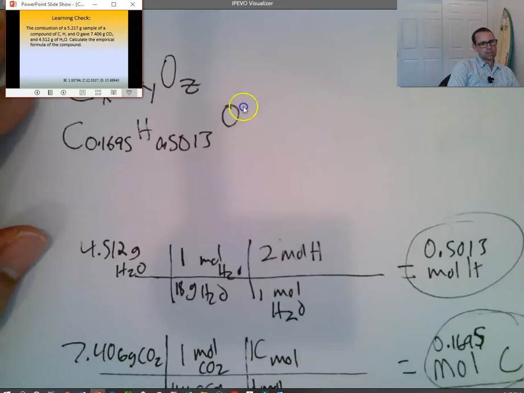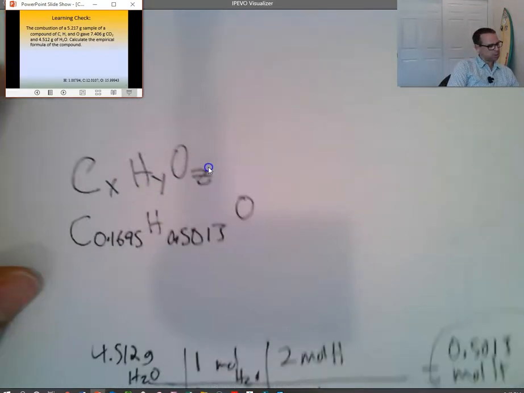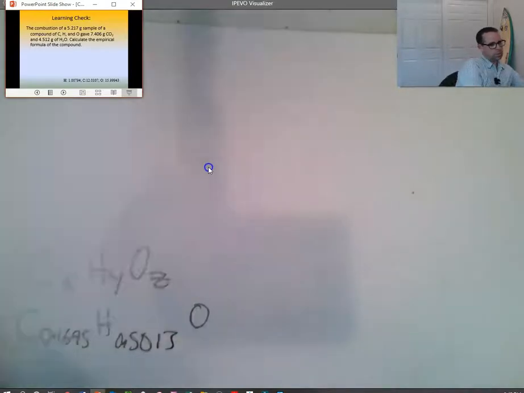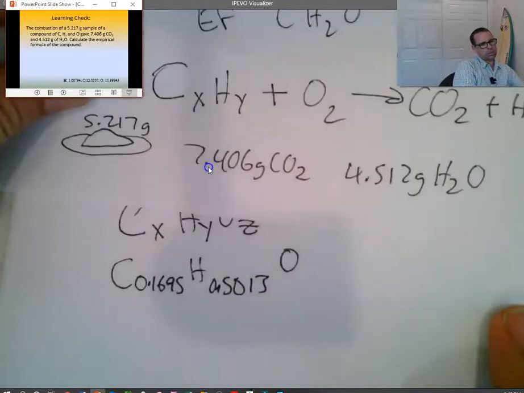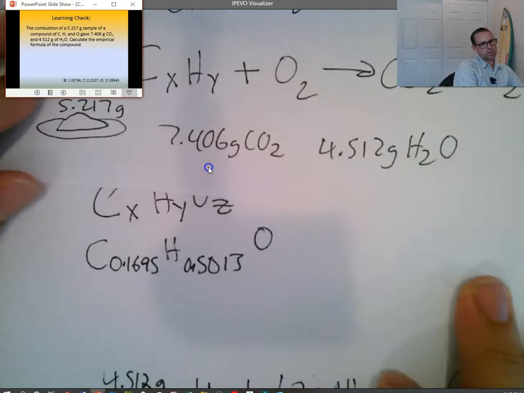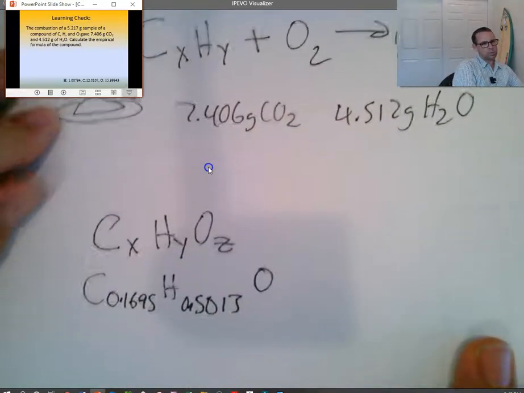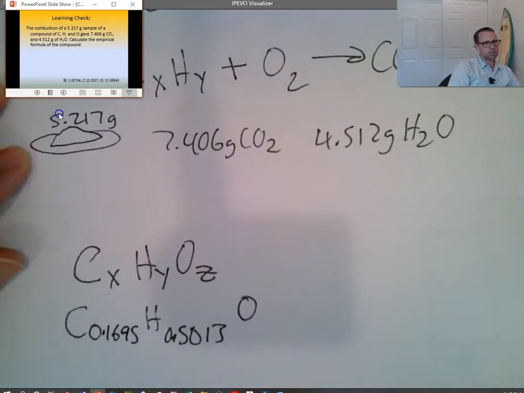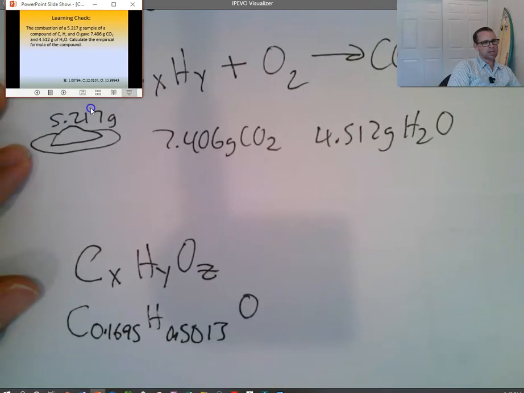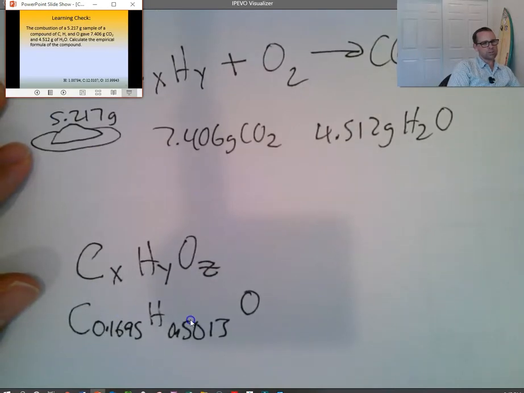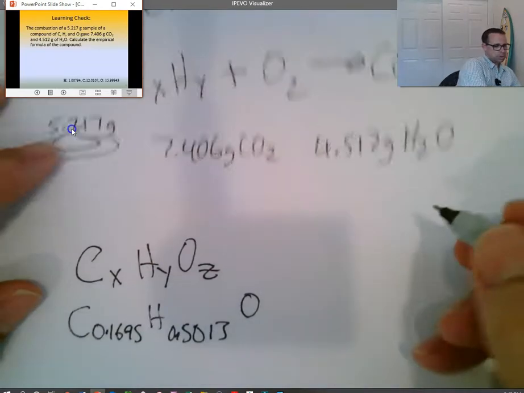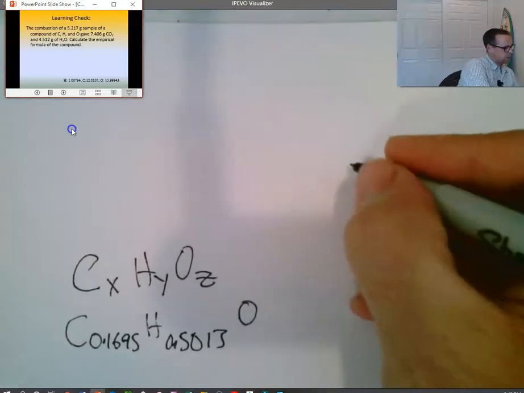The only way I can tell the amount of oxygen is by taking my initial mass of material, which was 5.217 grams. I could subtract the grams of carbon and grams of hydrogen, and I would know that the rest is grams of oxygen.